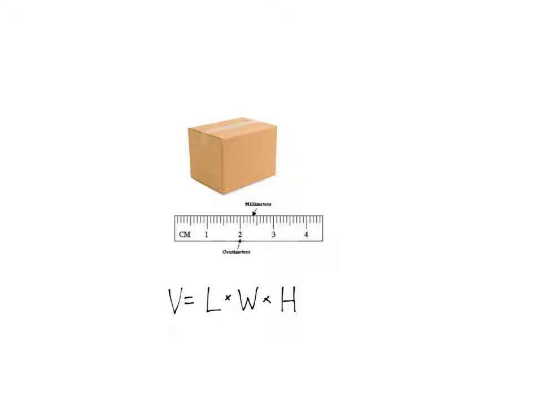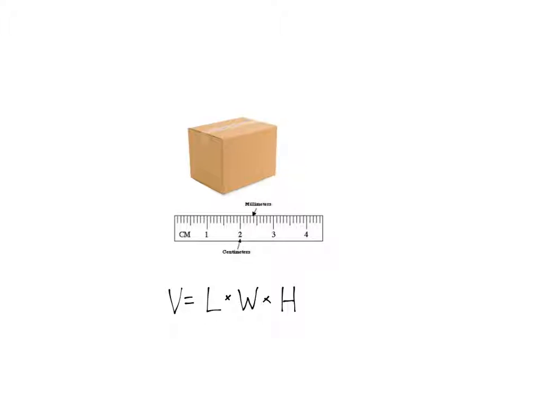This is probably the classic one you have heard of in math class. If you have an object that has a set size and a set structure, such as a square or a box, you can easily measure it using the formula volume equals length times width times height. And we do that using a ruler.